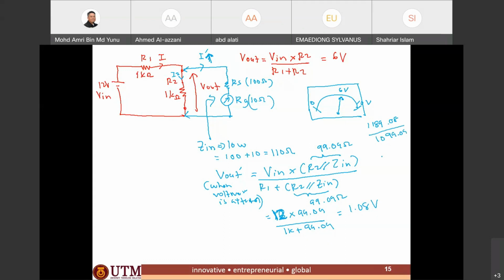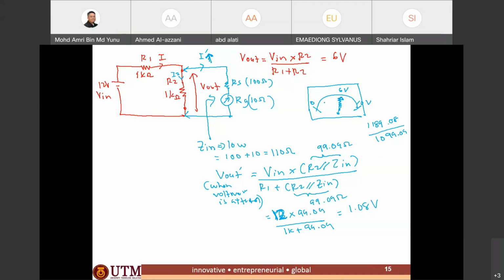Did you get the same answer? Yeah, that 1.08. So the actual output shown on the voltmeter is not 6 volt.